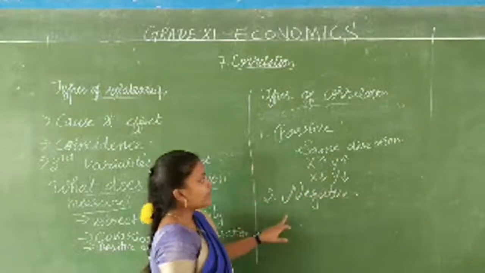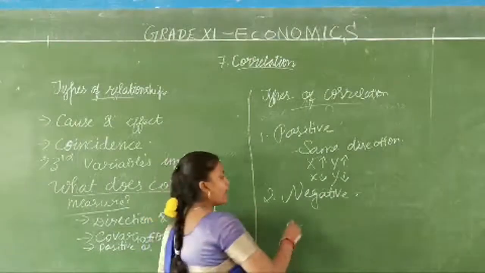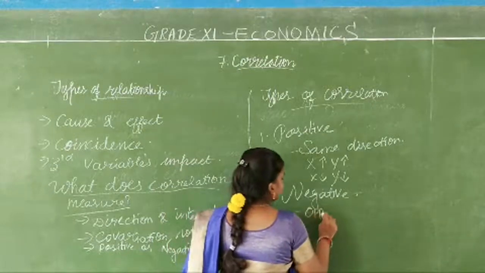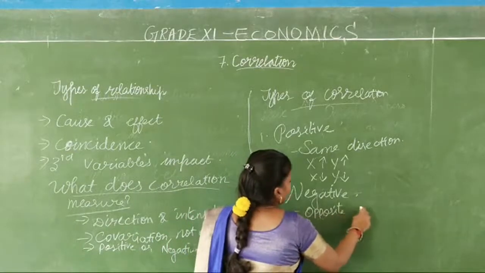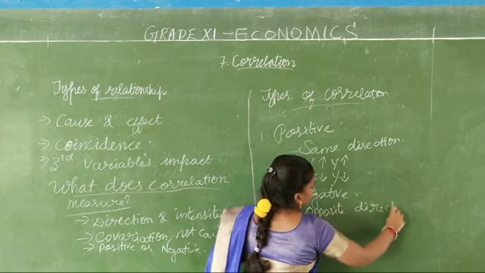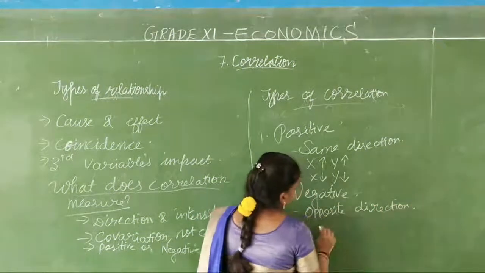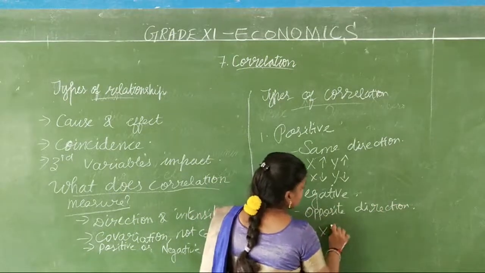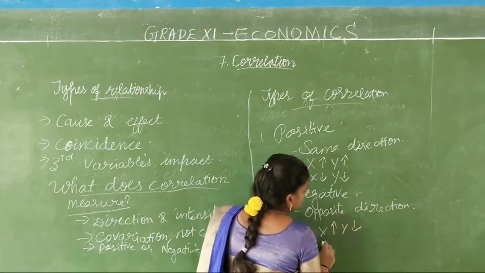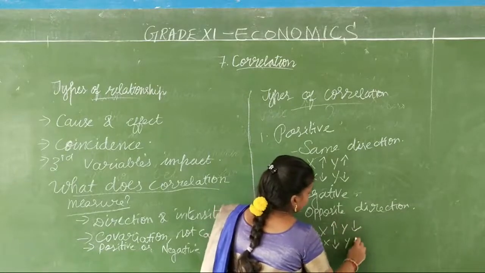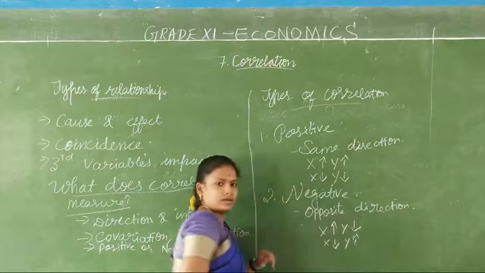Positive correlation means the changes happen in the same direction. Negative correlation means it happens in the opposite direction. That is, when x increases, y decreases. When x decreases, y increases.